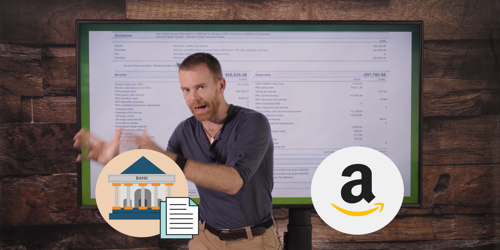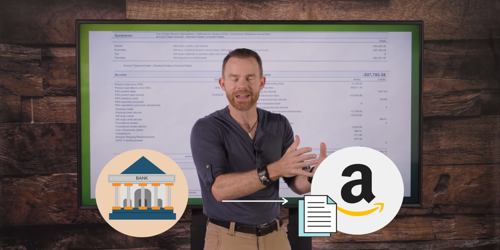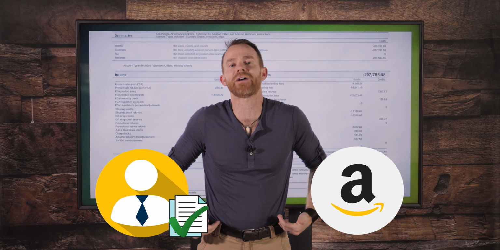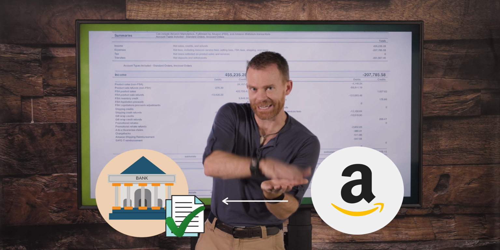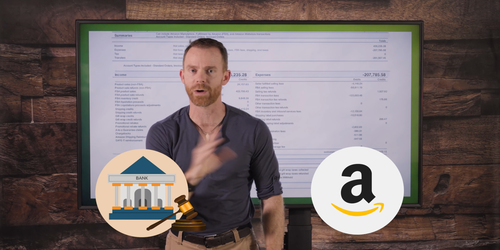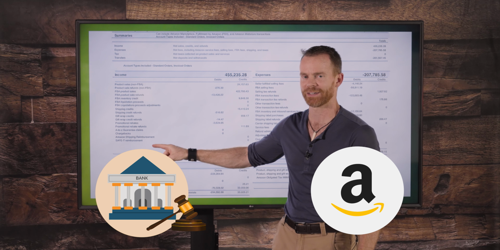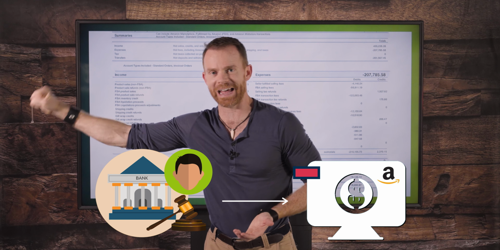The credit card company will send information to Amazon about the chargeback. Then Amazon will send the information to you, the seller, and ask you to provide more information. You will provide information, Amazon gives that to the credit card company, and then the credit card company makes a decision on whether or not Bobby wins the chargeback claim. If he does, that amount is debited from your Amazon account.